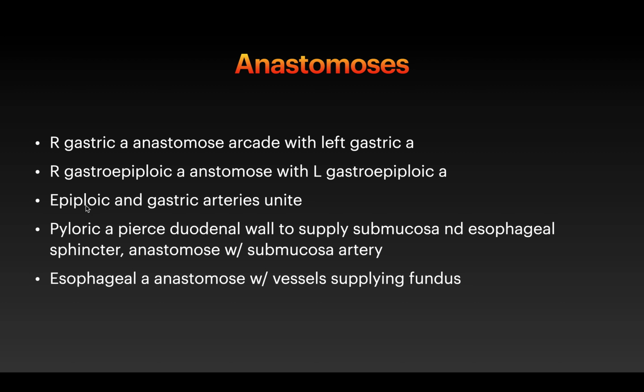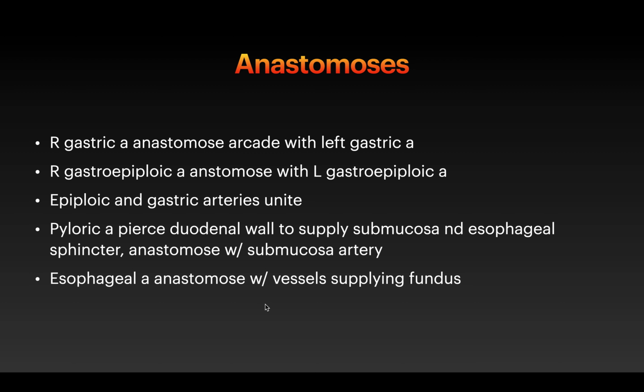And then eventually the epiploic and the gastric arteries will unite, and the pyloric artery will pierce the duodenal wall to supply the submucosa, the inside and the esophageal sphincter, and that will anastomose with the submucosal artery. And the esophageal artery will anastomose with the vessels supplying the fundus.